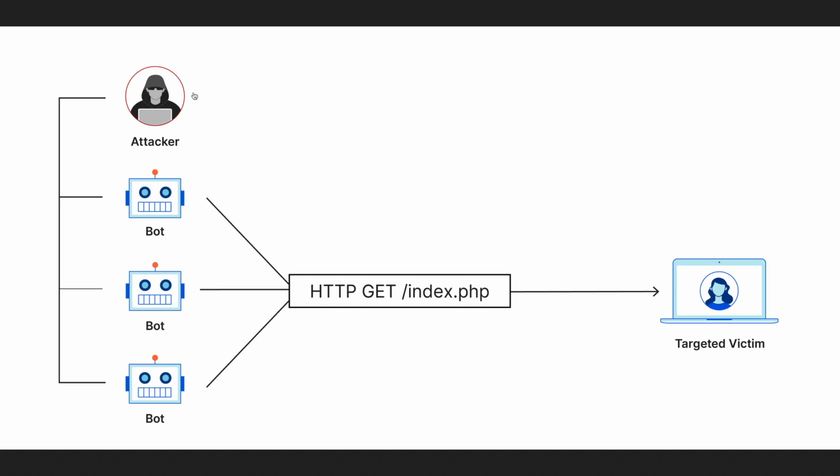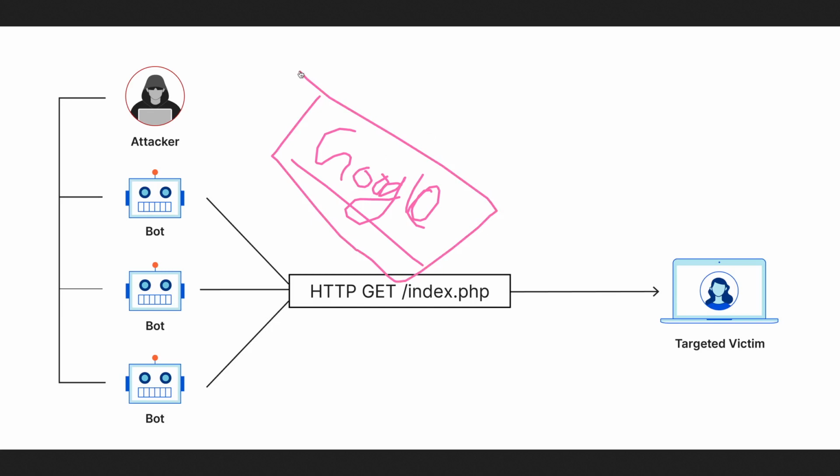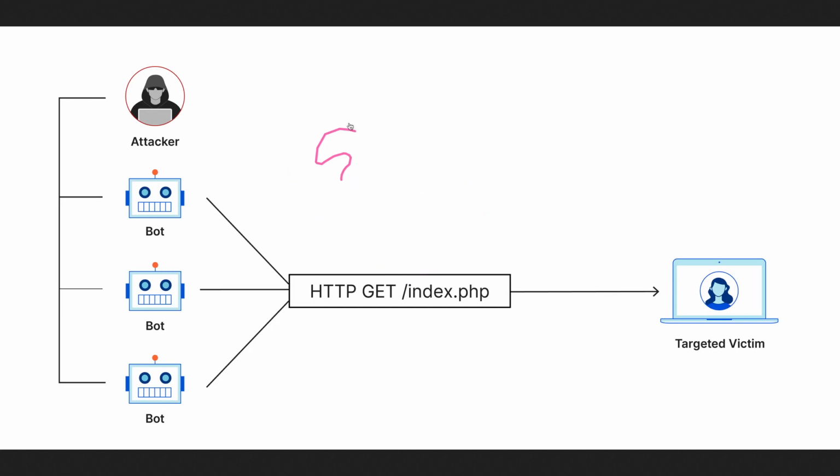So first of all, what we have is a web server. Take an example, google.com. So Google is our target right now. Just an example. Or let's give another example, let's say abc.com.